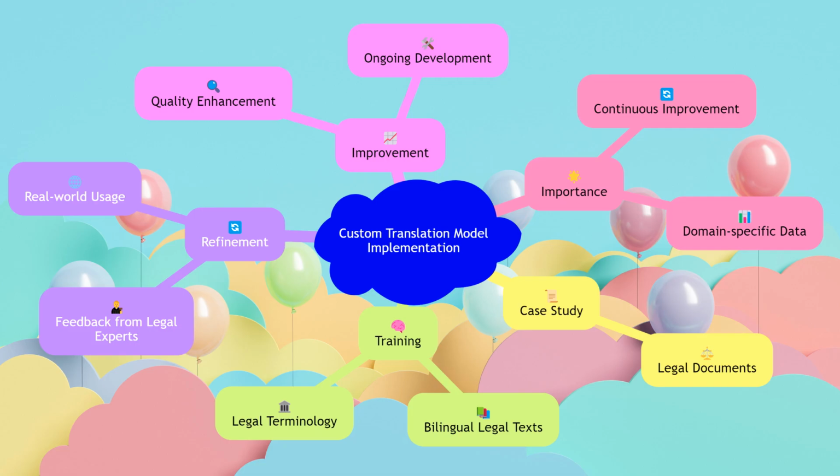By continuously refining the model based on feedback from legal experts and real-world usage, the translation quality can be significantly improved. This case study highlights the importance of domain-specific data and ongoing improvement in developing effective custom translation models.